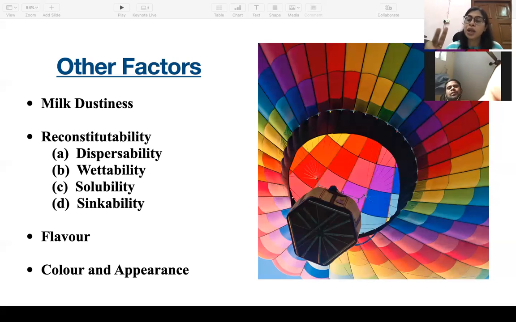If we use the drum drying technique, there are more chances that a cooked flavor might develop. In the spray drying technique, pasteurized milk usually retains its pasteurized milk flavor, but when temperature goes high, again a cooked flavor might be there. So we should always aim to use high grade milk so that the flavor of the dried milk is clean, rich, sweet, and very pleasant.